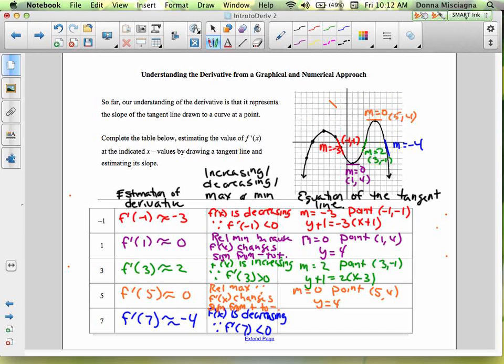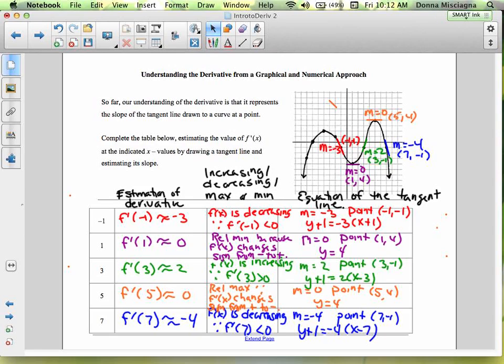There we go. And then the last one, slope is negative 4. The point is 7, negative 1. So this will be y plus 1 equals negative 4 times x minus 7. And there we go. All right, we've approximated the derivative.